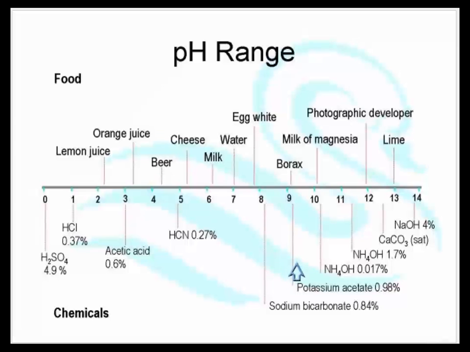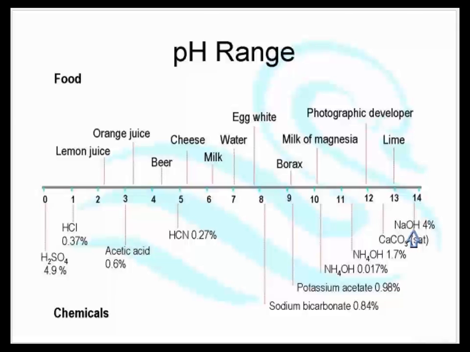Going further into the alkalines, we get potassium acetate, milk of magnesia, drain cleaner, calcium carbonate, or chalk as it's often called, lime, this is lime as in limestone rather than lime as in lime juice, and sodium hydroxide.